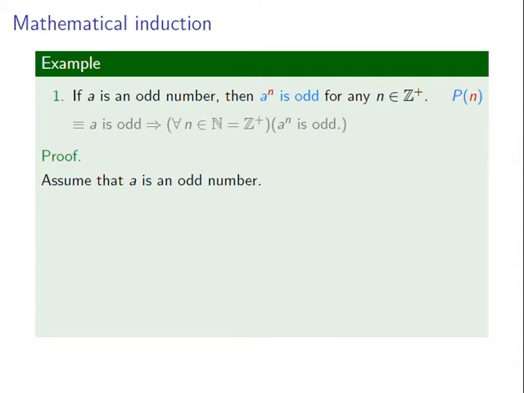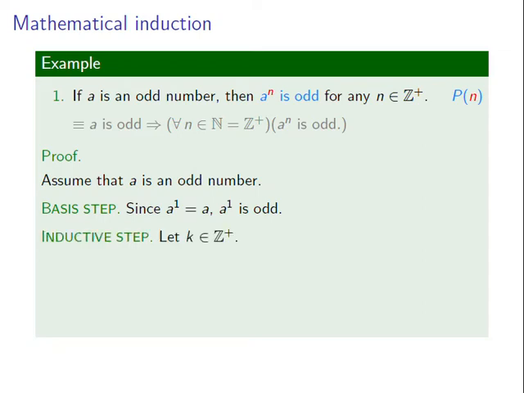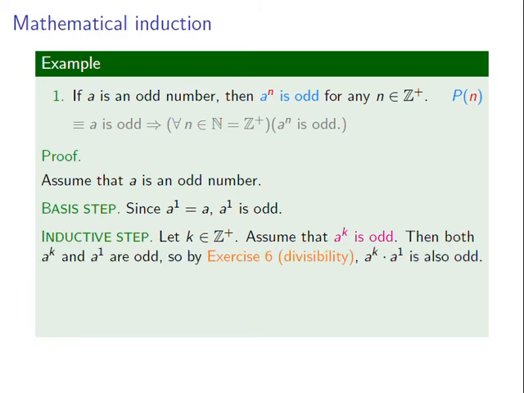Assume that a is an odd number. Since a raised to 1 is equal to a, a raised to 1 is odd. This completes the basis step. Let k be an arbitrary positive integer. Assume that a raised to k is odd. Then both a raised to k and a raised to 1 are odd, so the product a raised to k times a raised to 1 is odd.